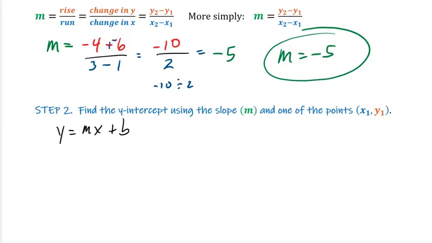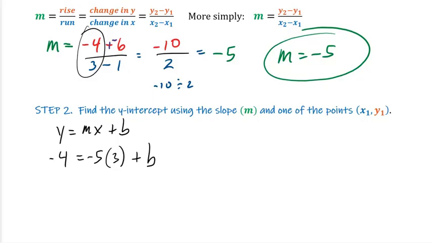I'm going to use negative 4 and positive 3. That's a y, that's an x. So the y is negative 4 equals the slope, which is negative 5, multiplied by the x, which is 3, plus b.